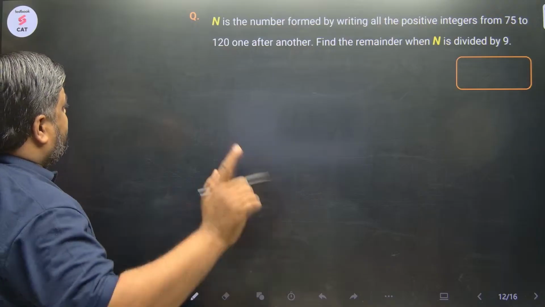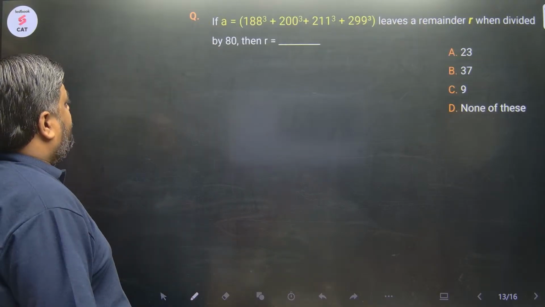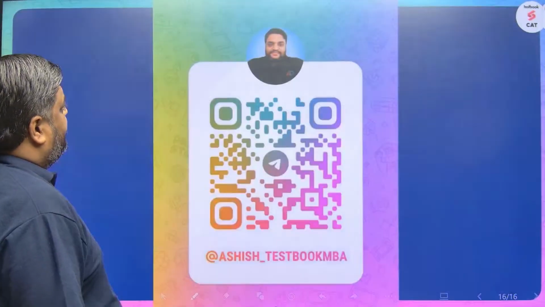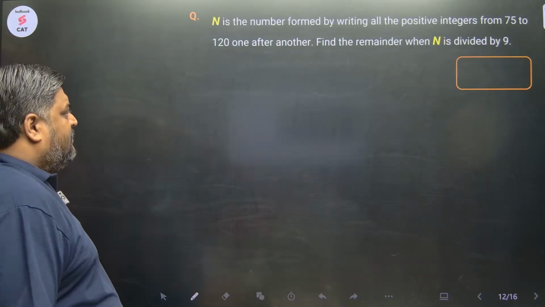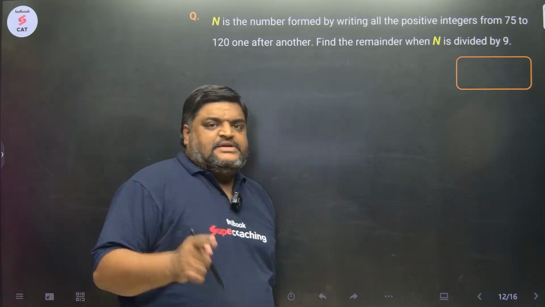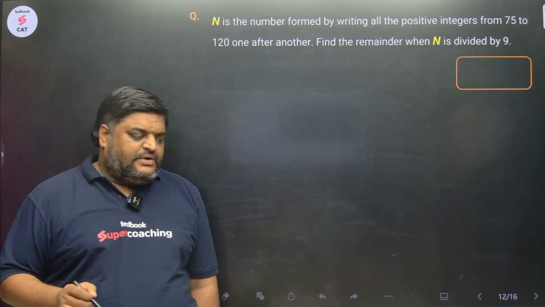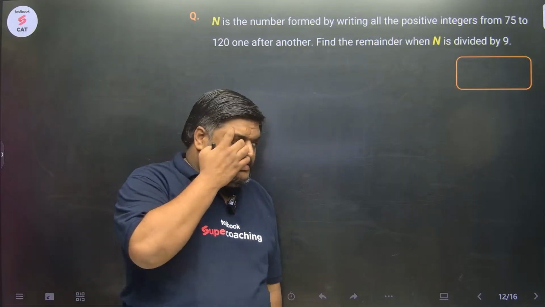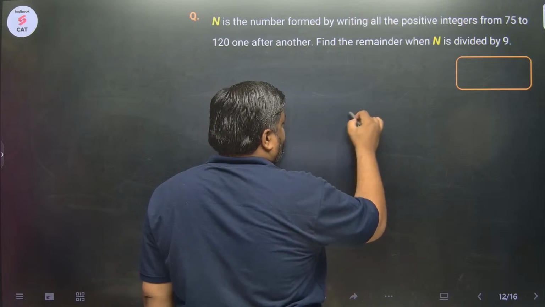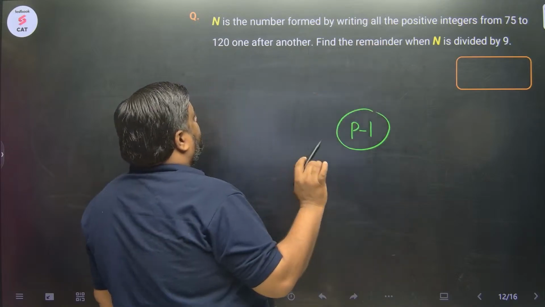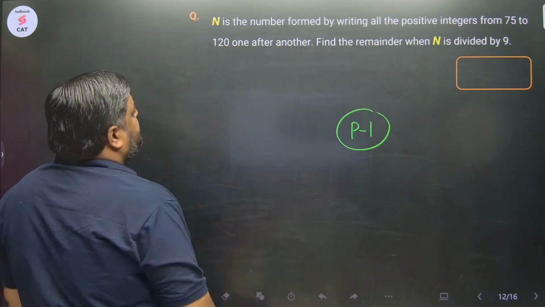Okay guys, you have homework of three questions. Not homework, you are going to practice it right now and give the answer in the comment. Before leaving the session, you have to attempt these 3 questions. So this is practice question 1. Attempt it, give the answer in the comment box.